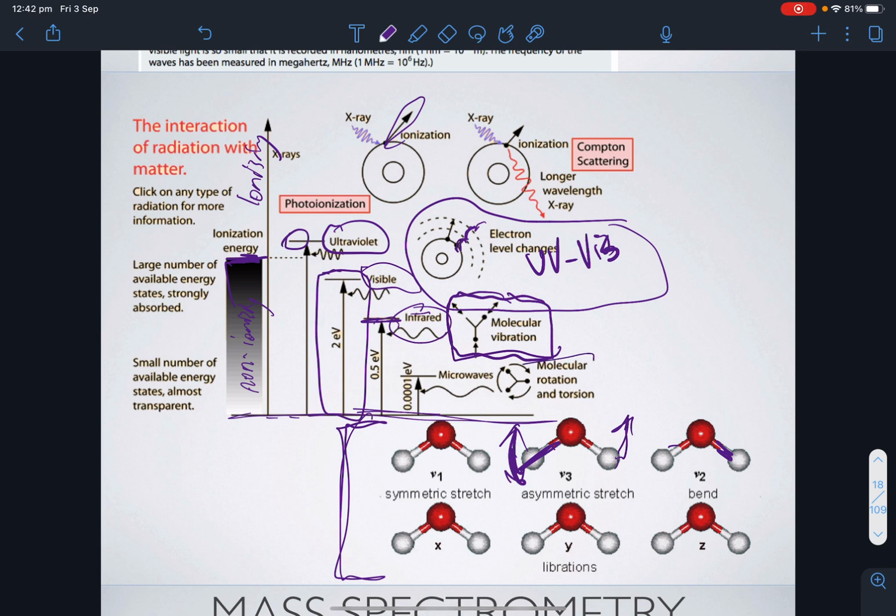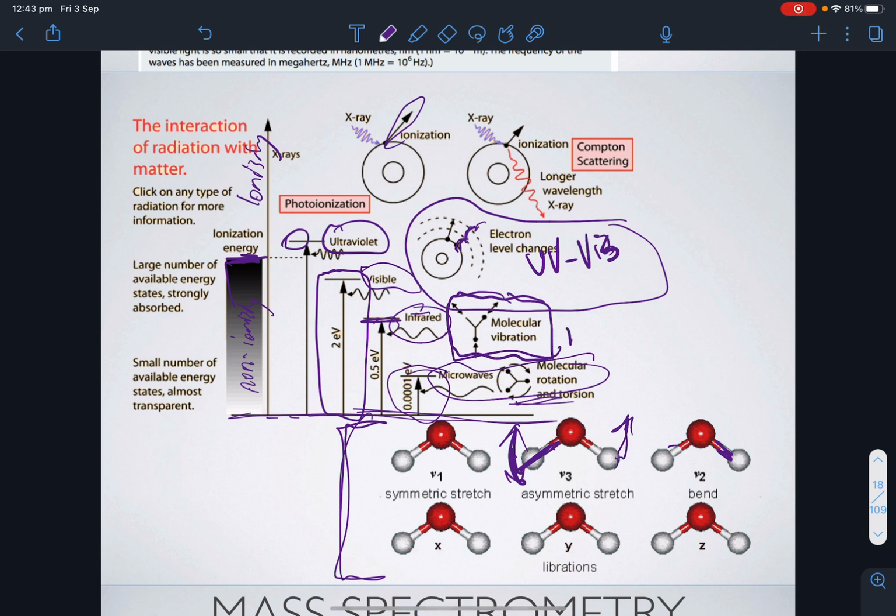And right down the bottom here, you've got microwaves, very, very small energy, definitely non-ionizing, and what they're going to do is rotation and torsion of molecules, okay? So that's what NMR is. It's looking at rotation and torsion.